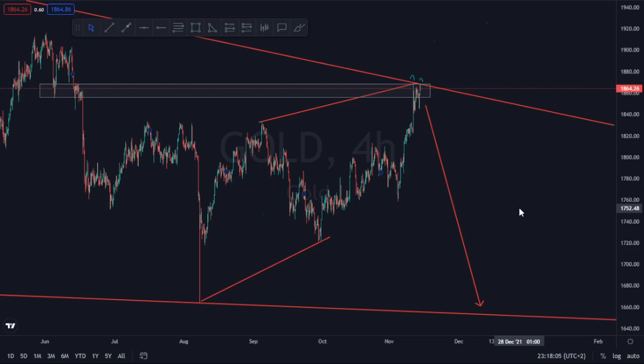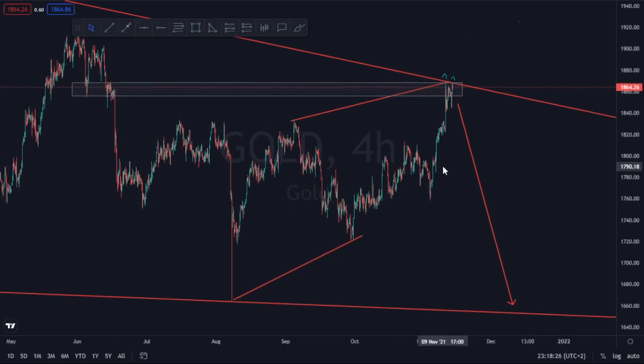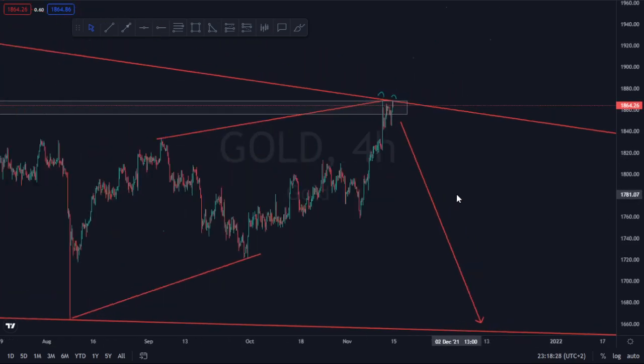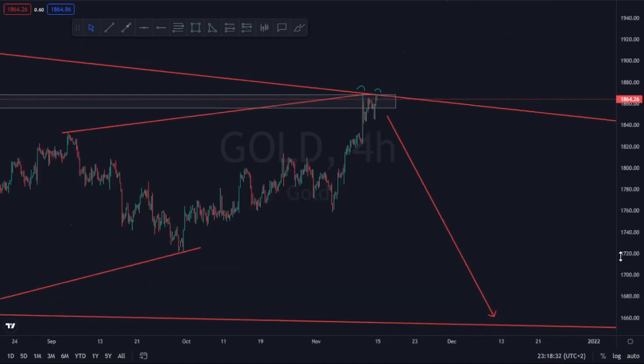Those three guys, stick to those three: structure of the market, identify chart patterns, and then I look for direction and entry. So that's it for the sell. That's what I'll be looking forward to if I were to catch the sell.